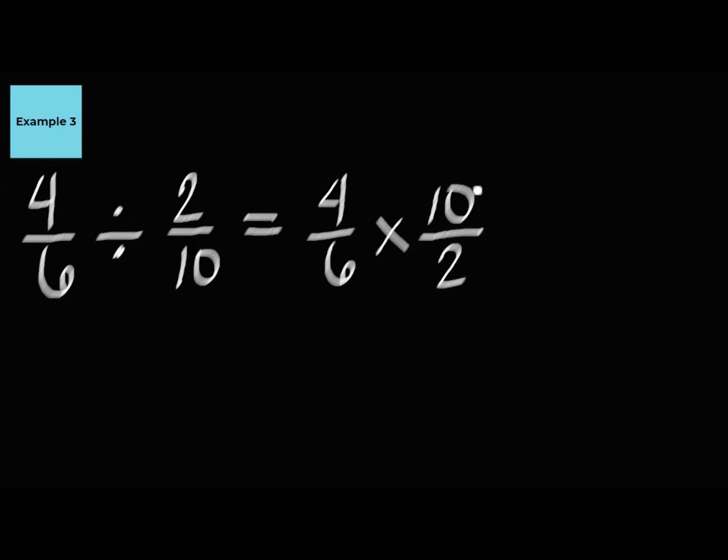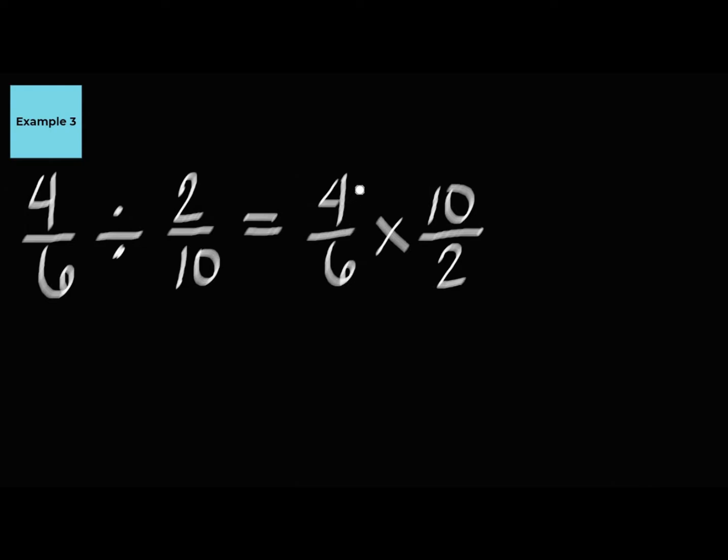Again, we can use the cancellation method here. We can pair 4 and 6. We can also pair 4 and 2. We can also pair 10 and 2. We'll pair out 4 and 6.